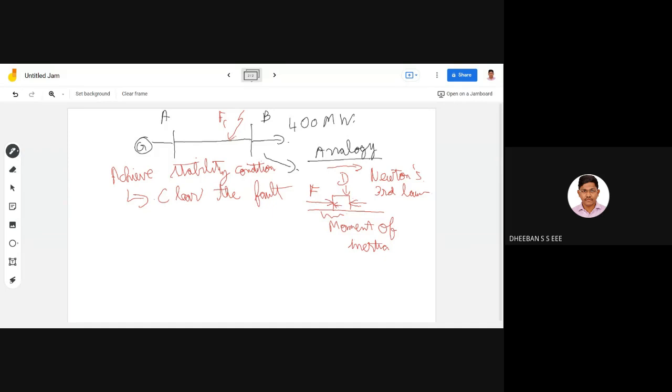So in order to know about the fault, you have to know about the short circuit analysis. Most commonly, I'll be dealing with the types of faults. So what are the types of faults? The primary one is line to ground fault.